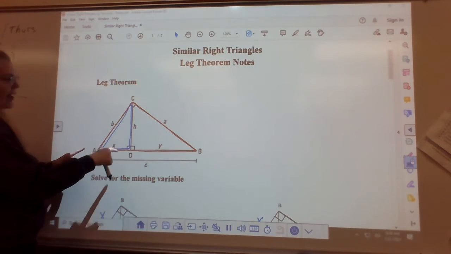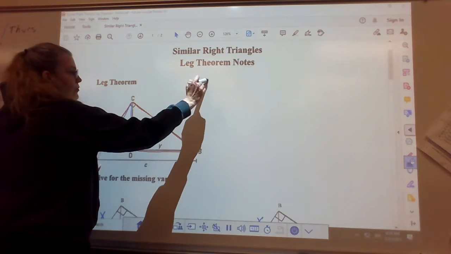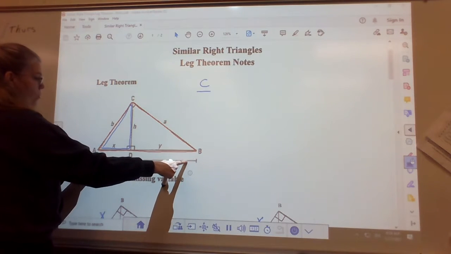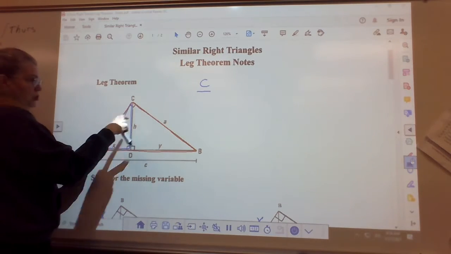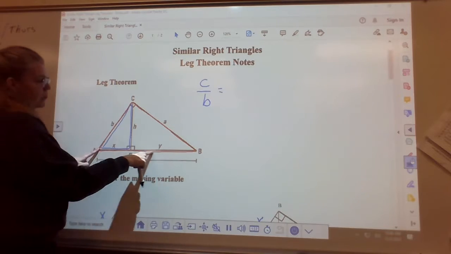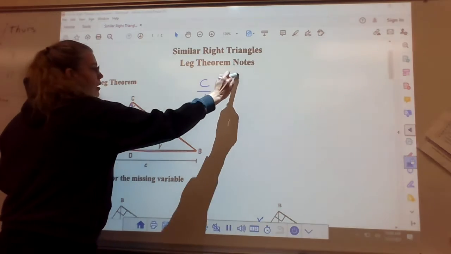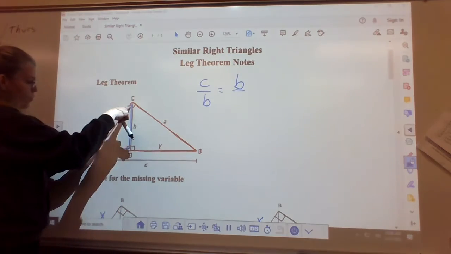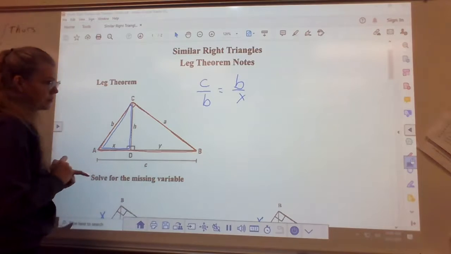And when I do that, the big right triangle sees the hypotenuse over the hypotenuse of the blue guy, which is B, equals, if I go back to the big one, B is a leg of the big one, over X. That's my setup.